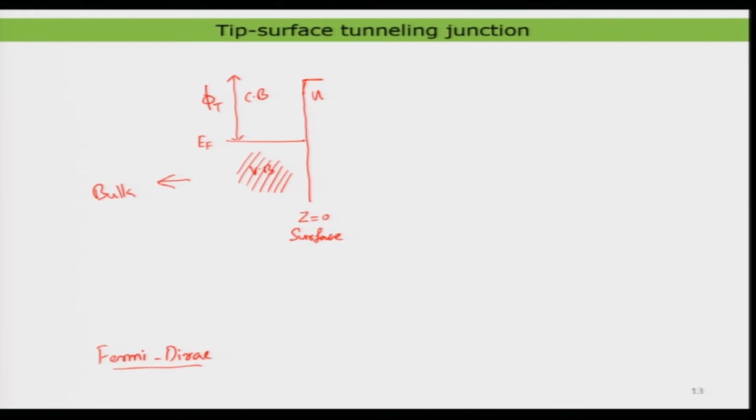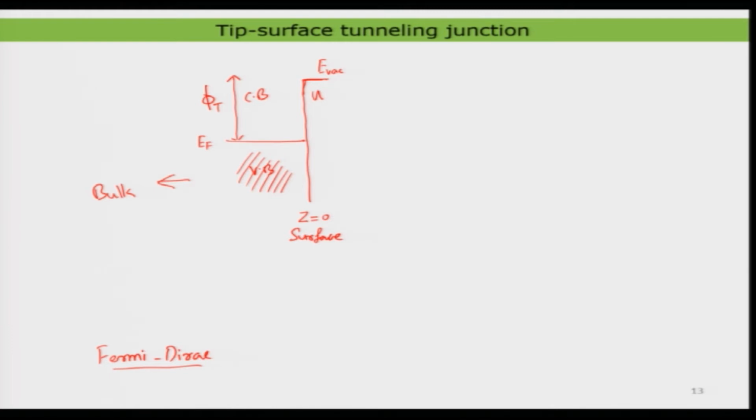This level is what I am defining as the E-vacuum level, and that distance is nothing but the work function. Because you have a work function, you cannot just remove an electron at normal temperature. You really need to heat the material in order to remove the electron. That is the so-called barrier for the electrons to come out of the sample.